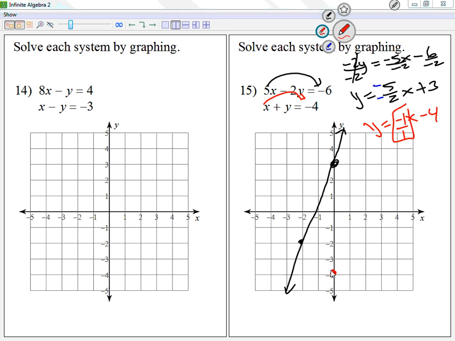So that means go down 1, 1 to the right. My point of intersection is negative 2, negative 2. So we're good in solving by graphing?